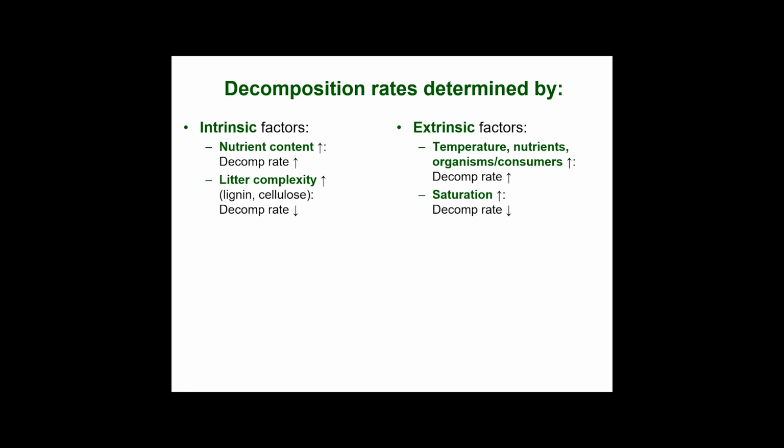Greater saturation of the soil can have a couple of different effects, more moisture rather. Moisture in the desert can increase decomposition rates, but moisture that causes saturation, too much waterlogging, can decrease decomposition rates. So there's a lot of factors that might be influencing the rates at which mineral nutrients become released from decomposing plant litter.